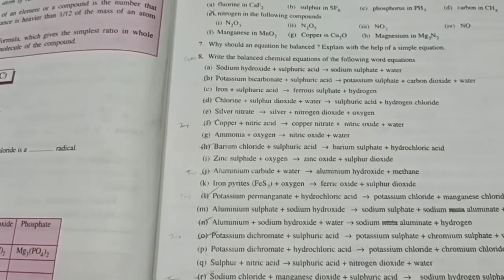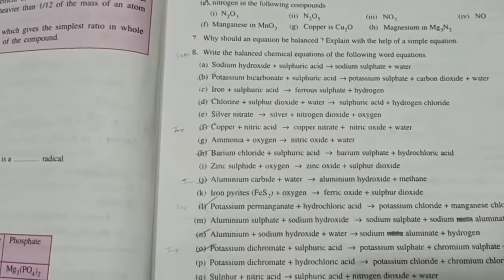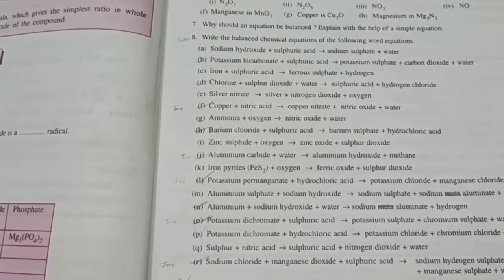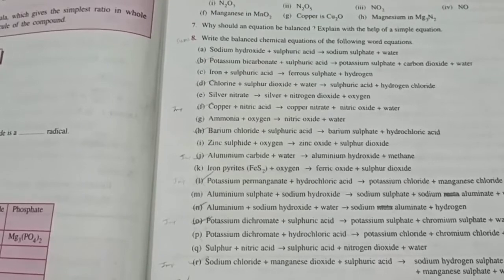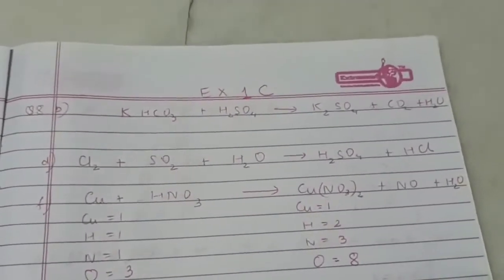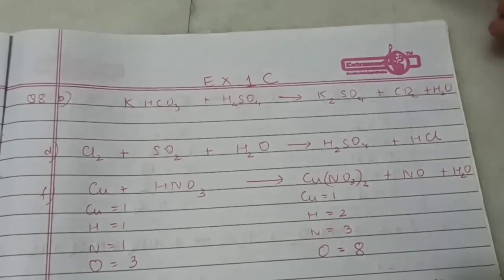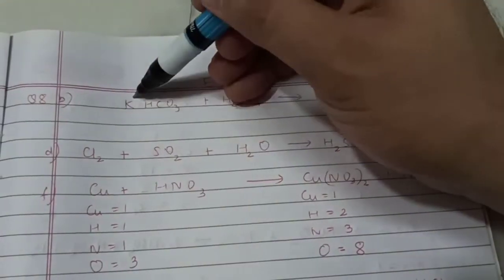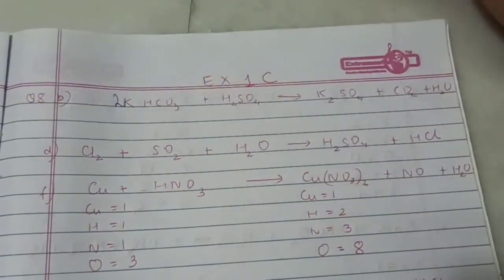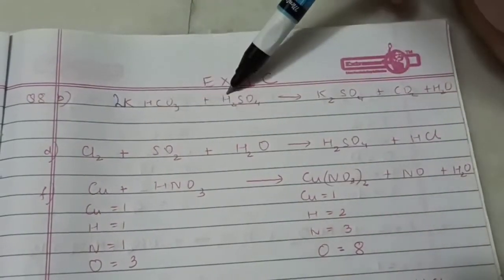8b, potassium bicarbonate plus sulfuric acid gives potassium sulfate plus carbon dioxide plus water. So first of all, we have to get the equation right. For that, we need the knowledge of valencies. Now let's try to balance the potassium first. We have 2 atoms and only 1 atom, so let's put a 2 out here. Now what? Hydrogen is 2 plus 2, 4.